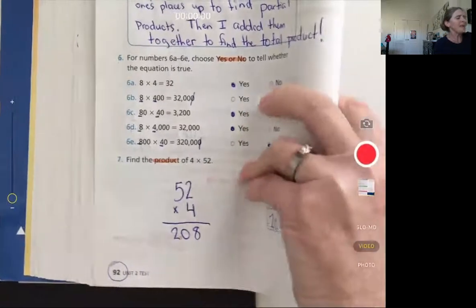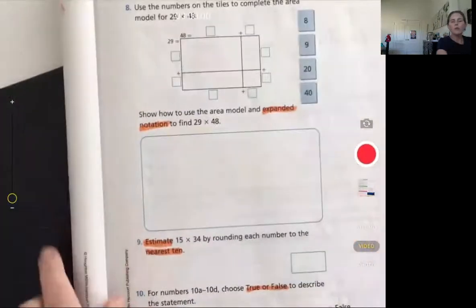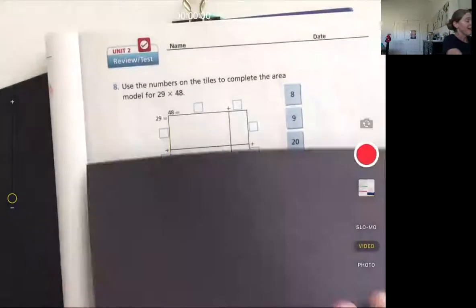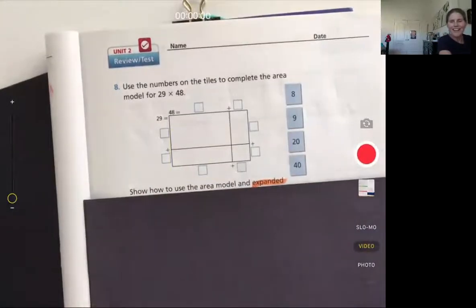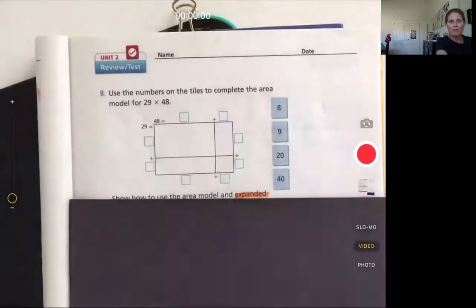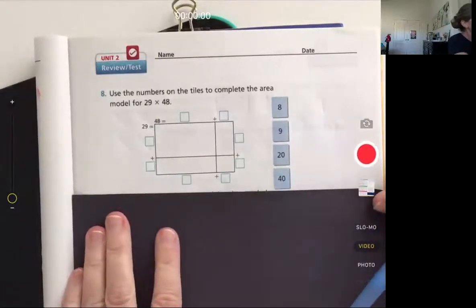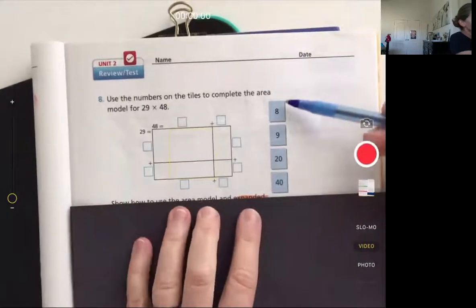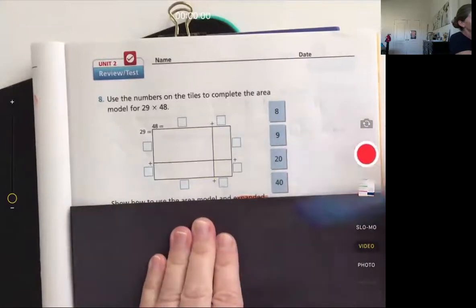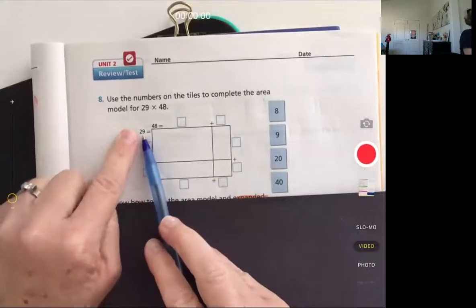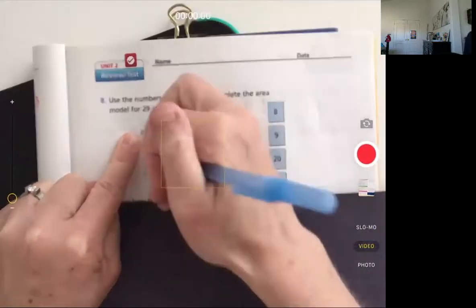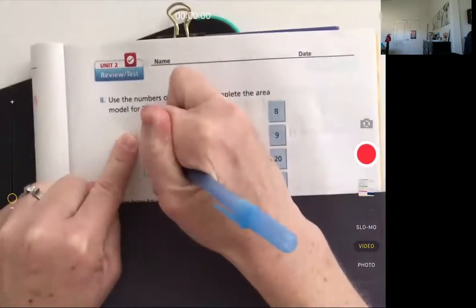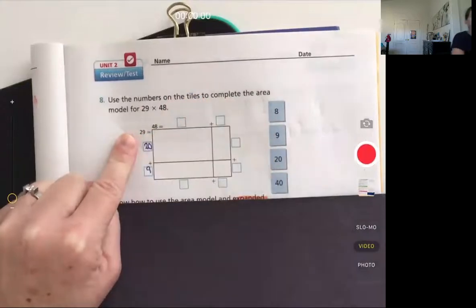Okay, flip the page. These are probably the new problems that I didn't assign, so I'm guessing you haven't done them yet. Please do them with me now. Okay, here we go. Number 8, again, we've got these number tiles and we just need to plug them in. This is an area model. So if I'm breaking up 29, that means there are 2 10s plus 9 1s.